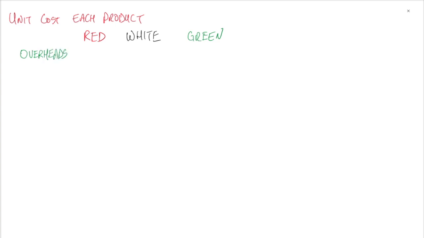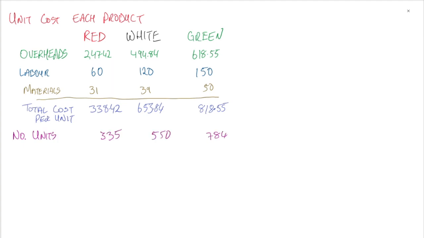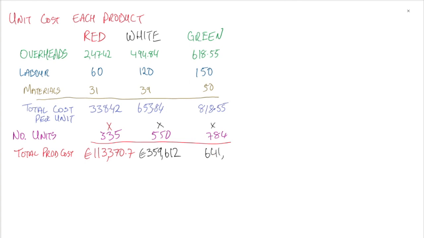So taking the overhead that we've just calculated for red at 247.42 and the others, we can then add on the labor of 60, 120 and 150 respectively, and the materials of 31, 39 and 50, which means we can work out the total cost per unit for each of these products. To work out the total production cost, then you multiply the number of units of each product by its total cost per unit, and we end up with the total production cost for each product type.